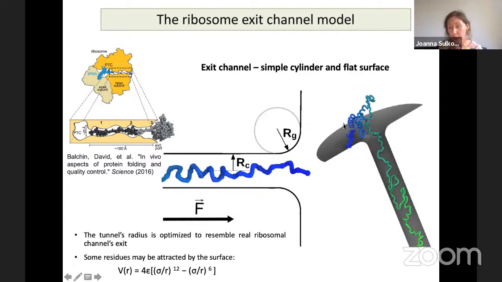You can additionally simulate the van der Waals type of interaction between the protein and the surface of the ribosome. So we constructed such a model, and we asked the question: can protein self-tie on the ribosome?